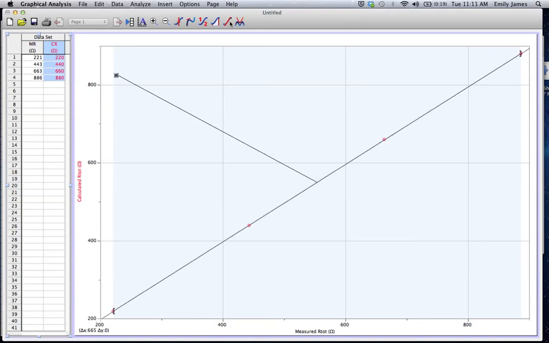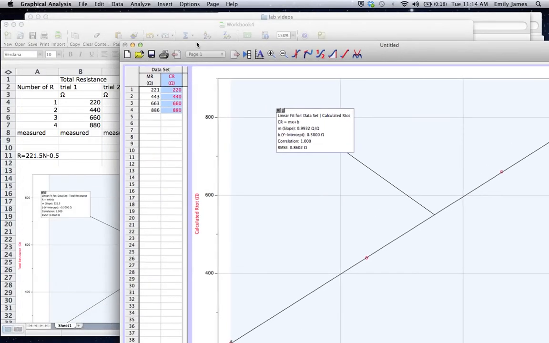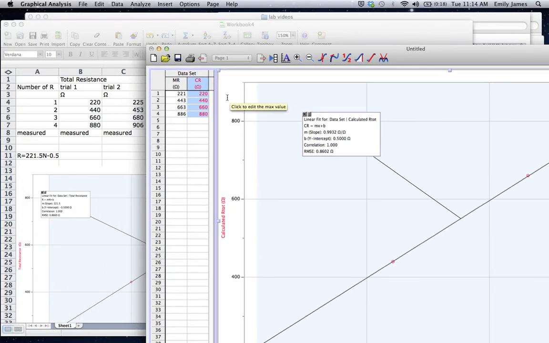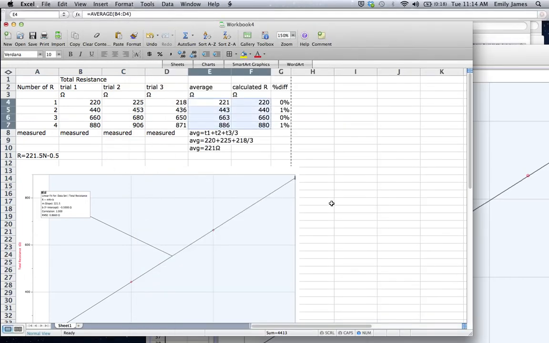And then I'm going to fit a line to it. Now look at that. We're hoping that the calculated R and the measured R are going to be the same thing. That would be ideal. So the fact that the slope is that close to 1, it's only 1% off, right? It's only 0.01 out of 1 off of being exactly 1. So for accelerated in particular, you might want to do this graph and add it in.